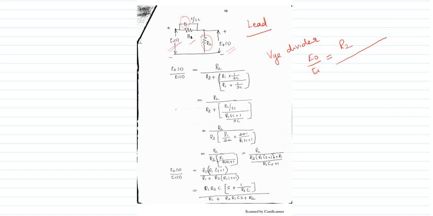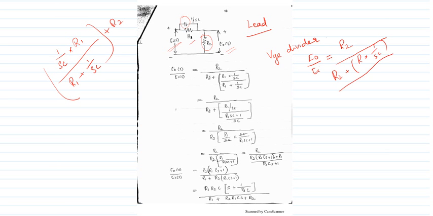Parallel means we write it as 1 by SC into R1 overall divided by R1 plus 1 by SC. Plus the other component, which is R2. So E naught by EI equals R2 divided by R2 plus R1 into 1 by SC overall divided by R1 plus 1 by SC. You will get it like this.